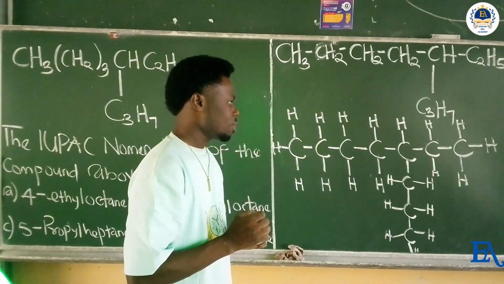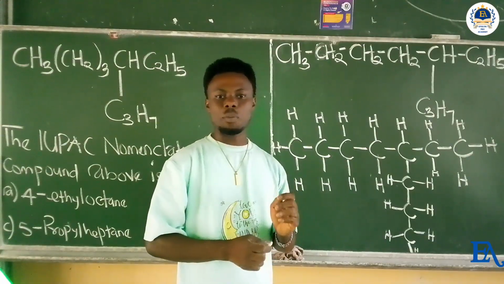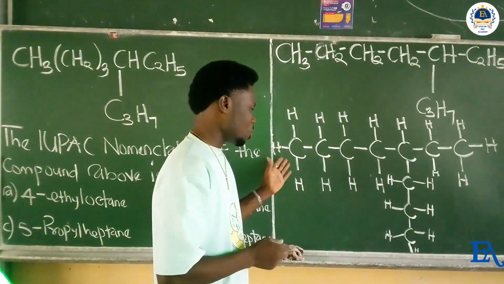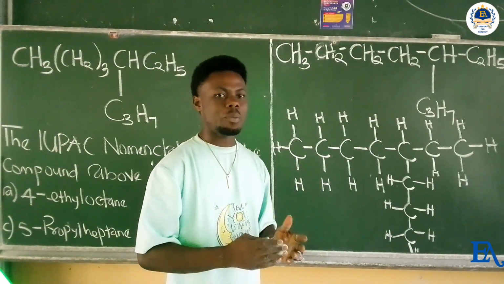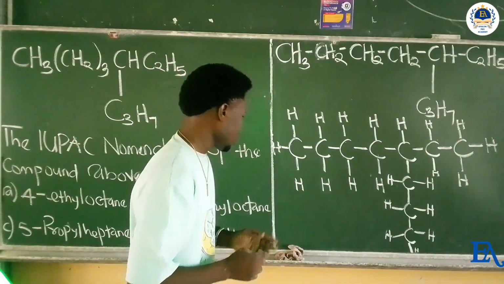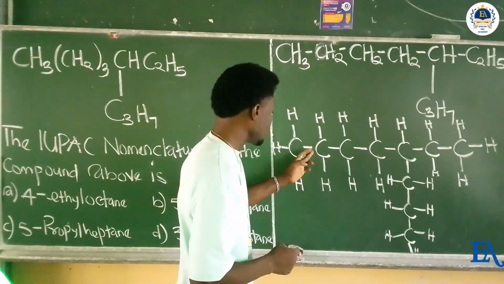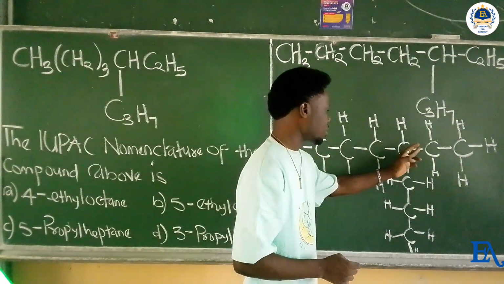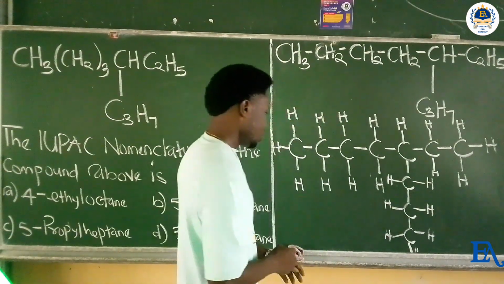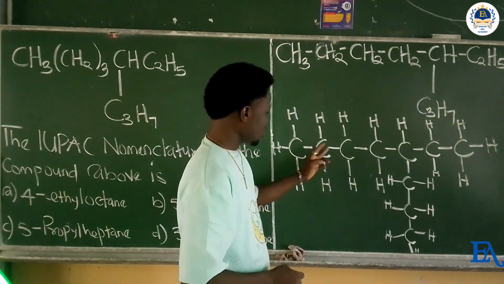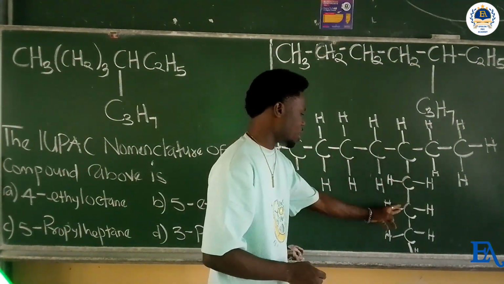Next is to identify the longest carbon chain in the structure written. So we have 1, 2, 3, 4, 5, 6, 7. Again, we have 1, 2, 3, 4, 5, 6, 7, 8.